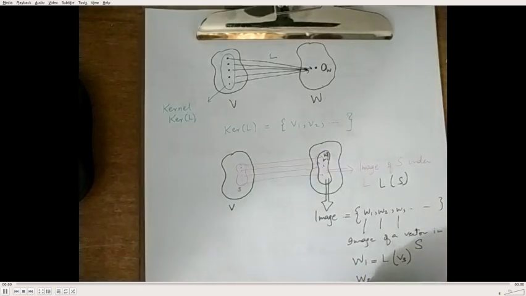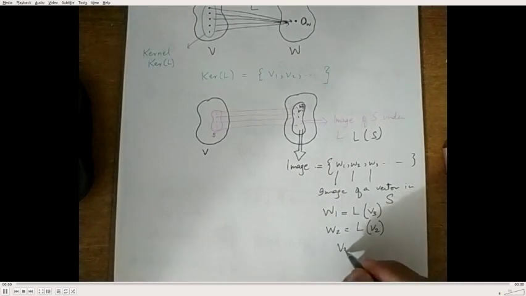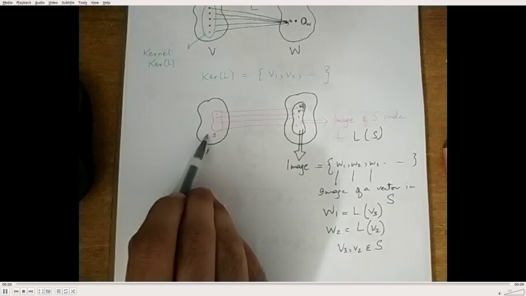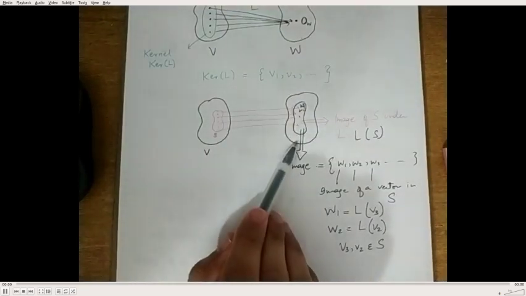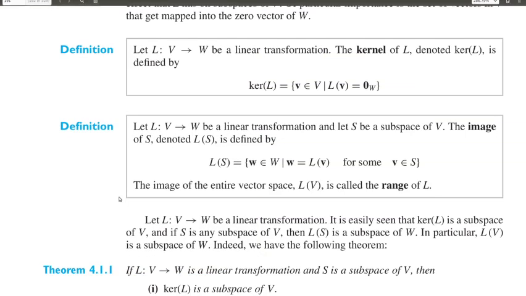W2 can be the transform of V2. And the important thing is that V3 and V2 should be part of the original subspace. So this was the idea of an image and this was the idea of a kernel. And the reason we care about this is the following.